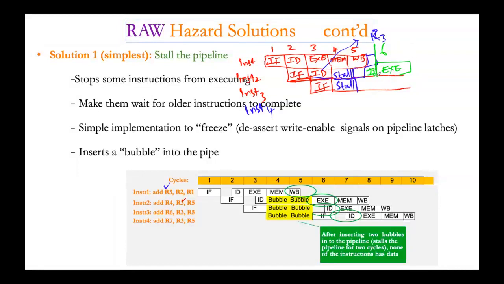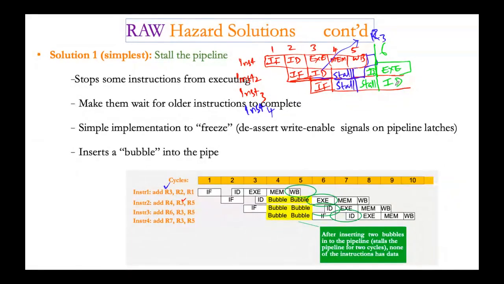Okay, so in this cycle, when the second instruction at the sixth cycle enters the execution mode, your third instruction gets into the instruction decoding phase.